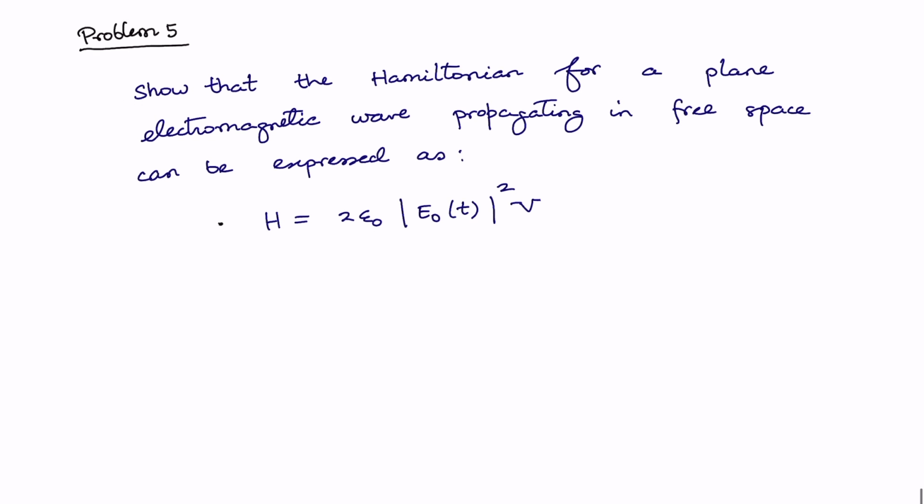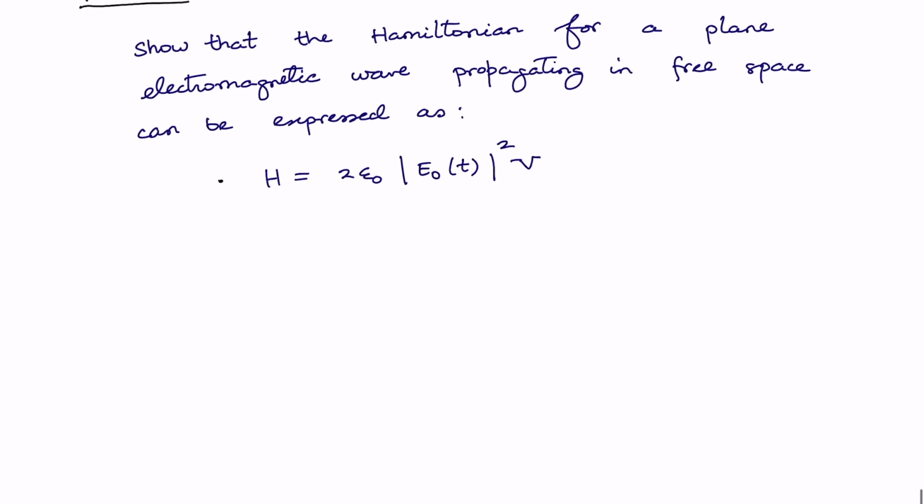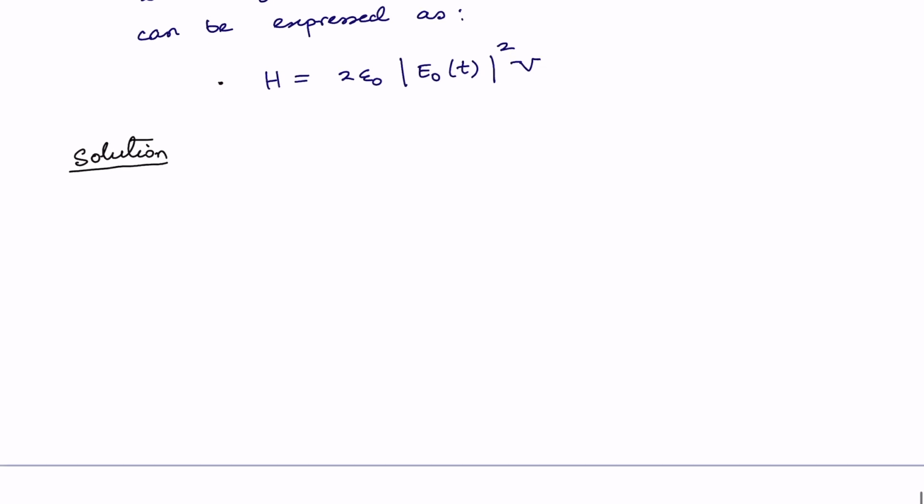And there you remember while we discussed the propagating plane electromagnetic wave, we have written down the electric field for the plane electromagnetic wave in free space in this form. E is the electric field.